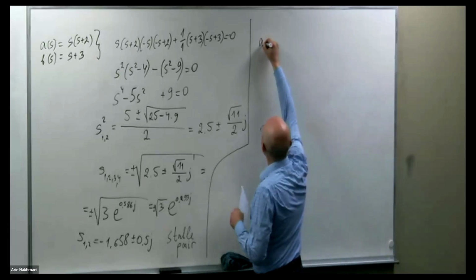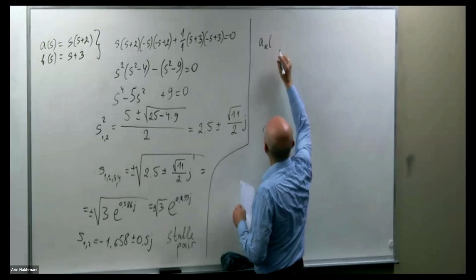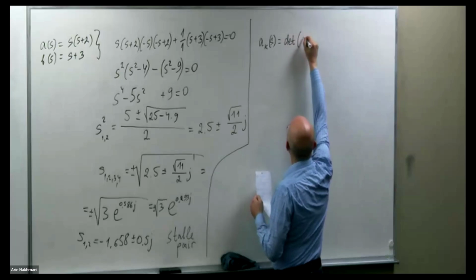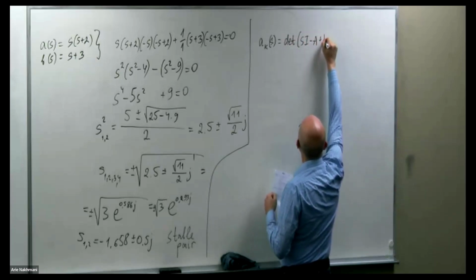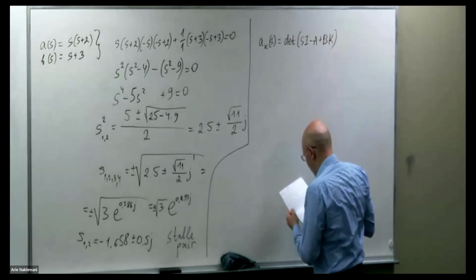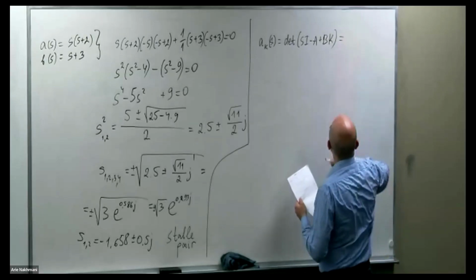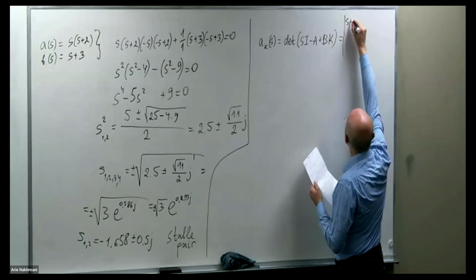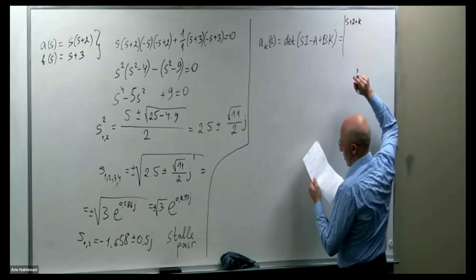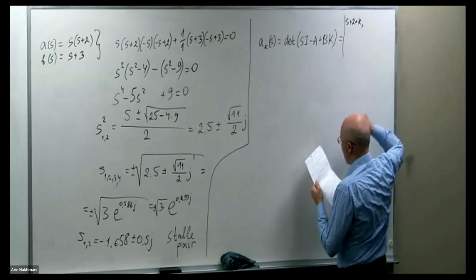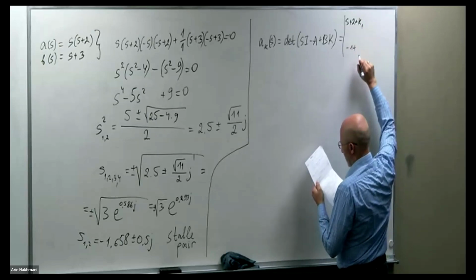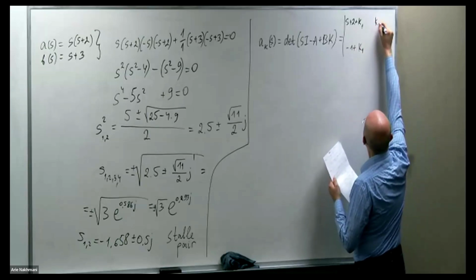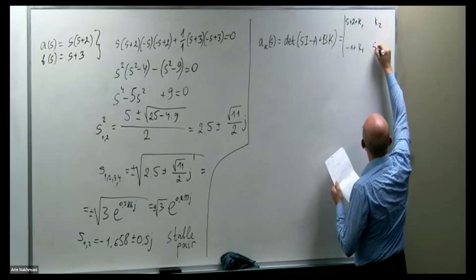So let's say A_K of s will be the determinant of sI minus A plus BK, like this thing. So this will be the determinant of s plus 2 plus K1, second one minus 1 plus K1, K2, s plus K2.